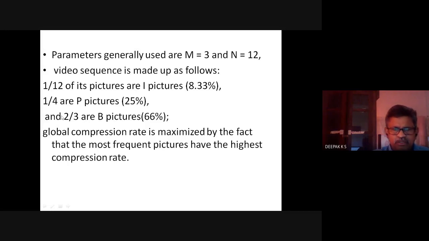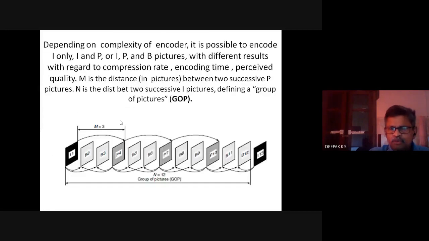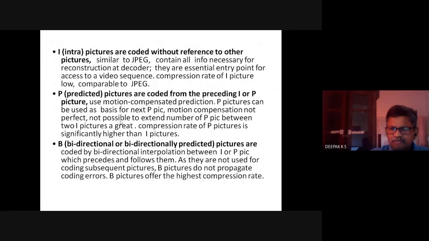So the more frequent pictures are B-type pictures, which have more compression rate. So you can have more compression using such parameters. Okay, M3, N12, and the percentage of I should be less, the percentage of B should be more. This is one combination. So these are three types of pictures.